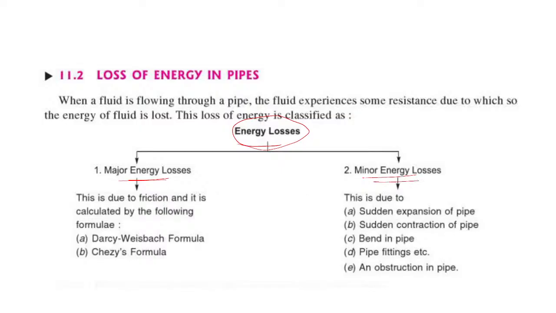Under major losses, what comes? Friction. From your exam point of view, there might be a question where they ask both major and minor losses, or only one particularly. So you need to identify from the given data. I am telling you again, you need to identify the problem based on the given data.